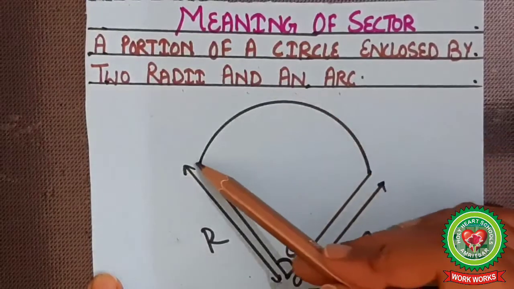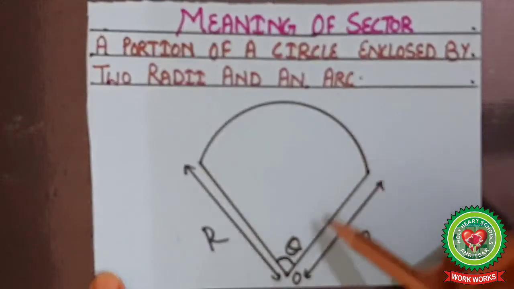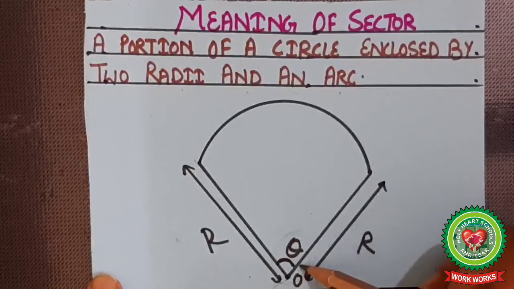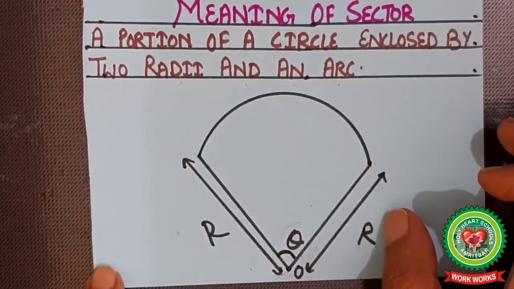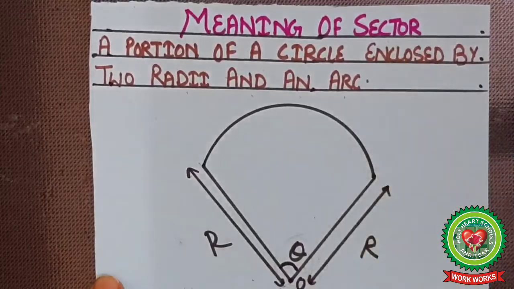So it is enclosed between 2 radii and 1 arc, and here we will have an angle which will be theta. So this is the shape of the sector. Now we will do a question and formula related to the sector.